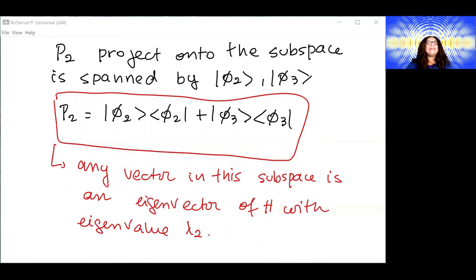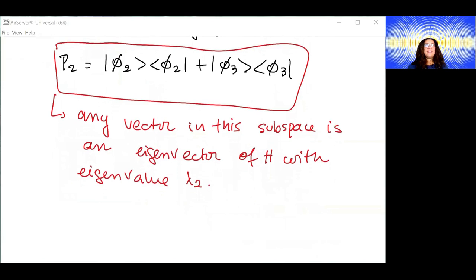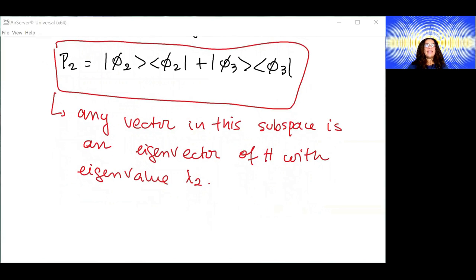So this is something that is quite interesting because you can actually see that this is going to behave in quite a different way than what we're used to, and we are going to come back to this when we deal with measurement. So this is going to be important.